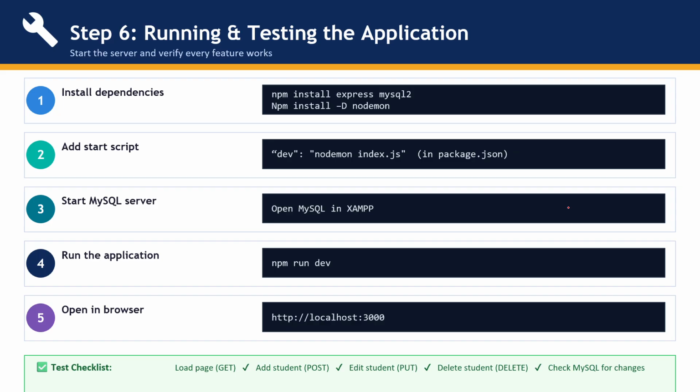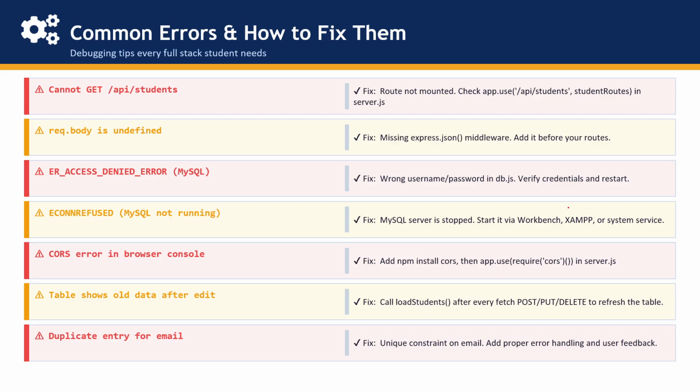This is an overview of how we can start. First of all, we need to install the dependencies. Then we start our script to run the project. We need to make sure the server is also running, then run the application, open the browser, and see the results. These are some common errors. You need to make sure you are giving the right URL and implementing the right body.